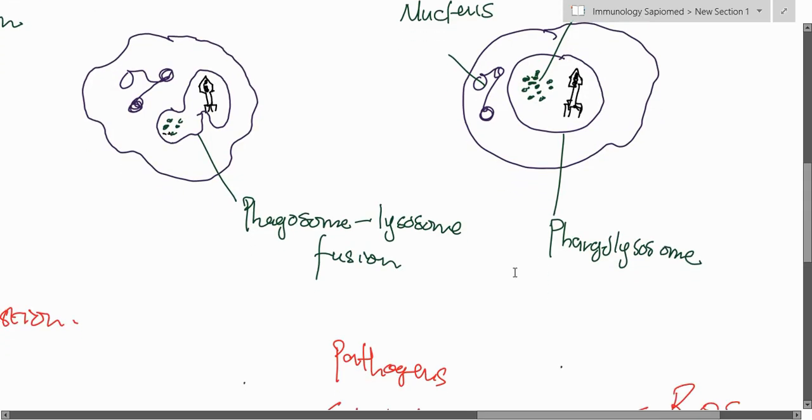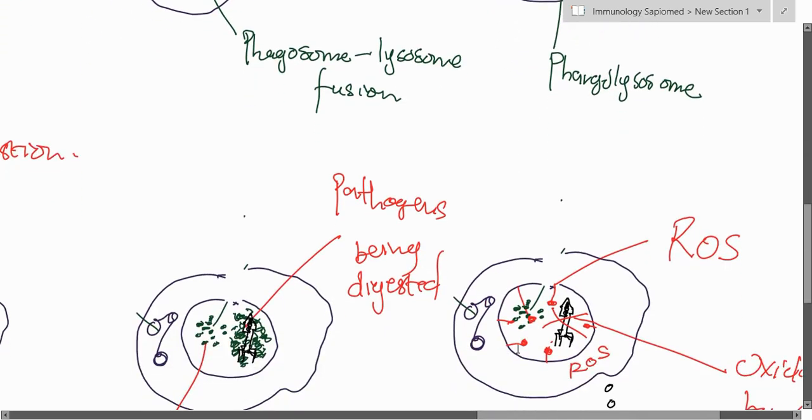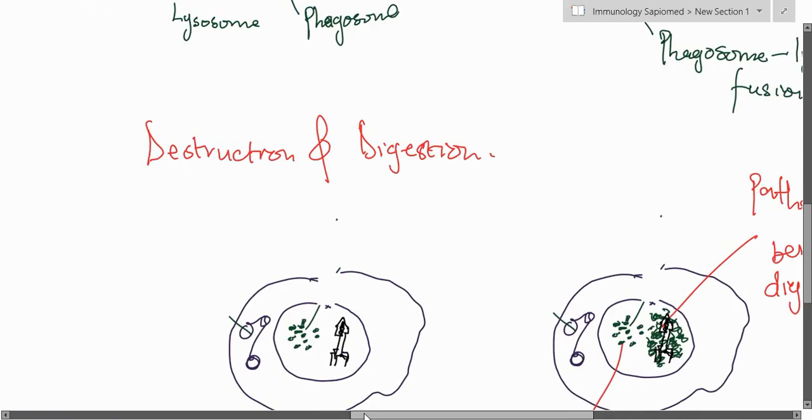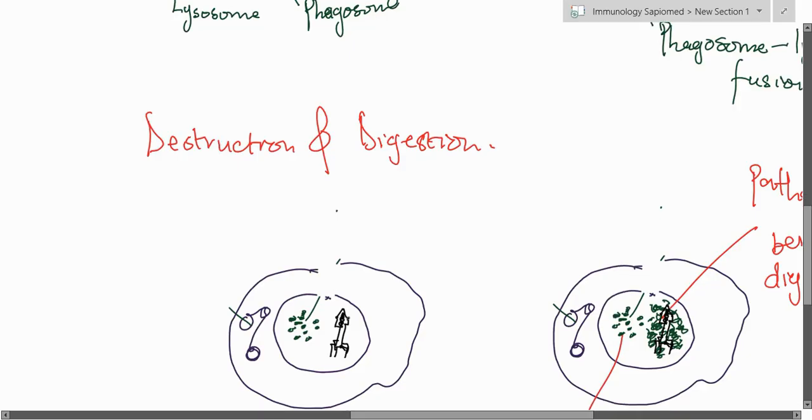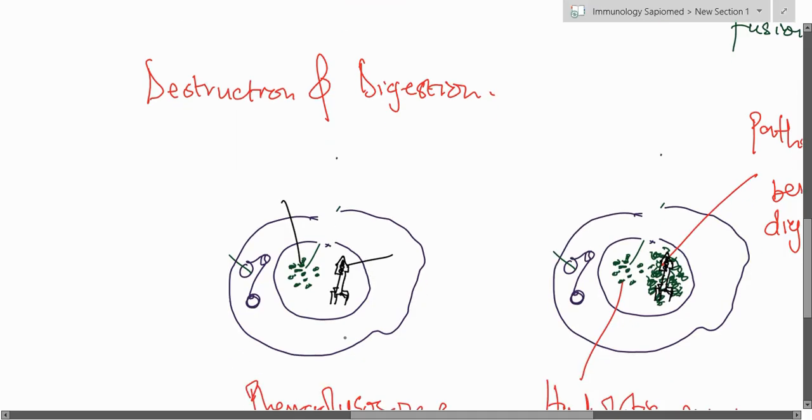All right. So now we are going to our last stage of phagocytosis, that is the destruction and the digestion of the pathogen. So now we have our pathogen here, and we have our hydrolytic enzymes here. The hydrolytic enzymes were actually in the lysosome, and the pathogen was actually in the phagosome before fusion. So now after fusion, all of them come together to form one entity we call the phagolysosome. Okay.